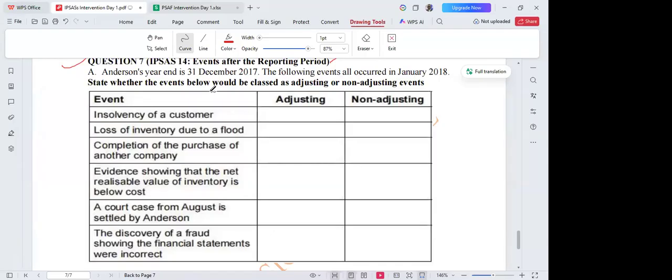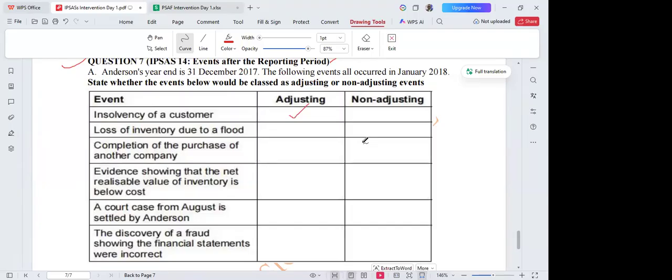Okay, you're right. The underlying conditions exist before or at the year end, definitely. That's why we make provision for bad debt, because we have it in mind in accounting that these are customers, and some of them might not pay. So this is an adjusting event. That's correct.